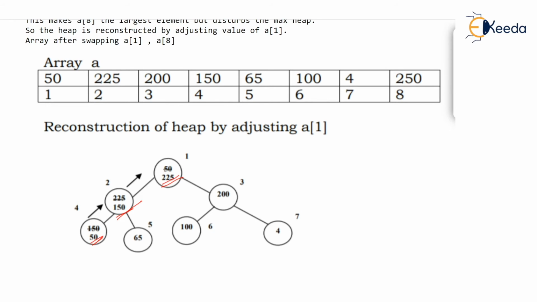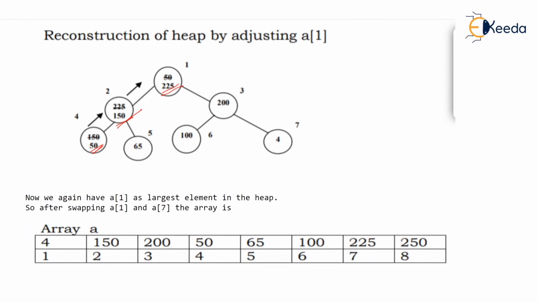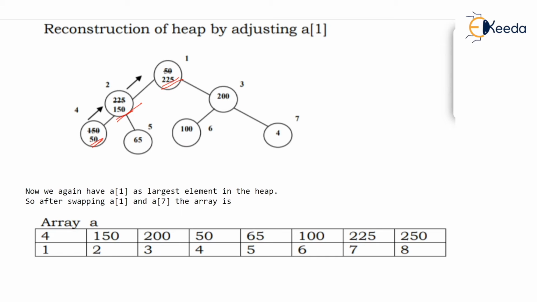Now what happened is this 225 was the largest. This 225 was swapped with the last value again. So we got 225 and 250 sorted and then 4 on top. But then the rest of the heap was to be converted into a max heap.